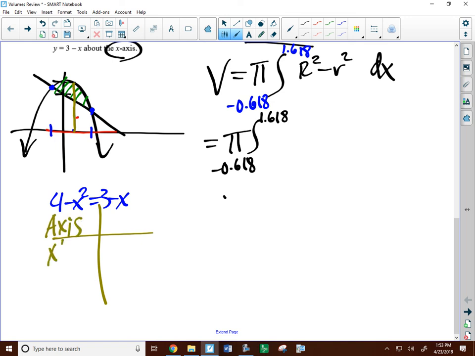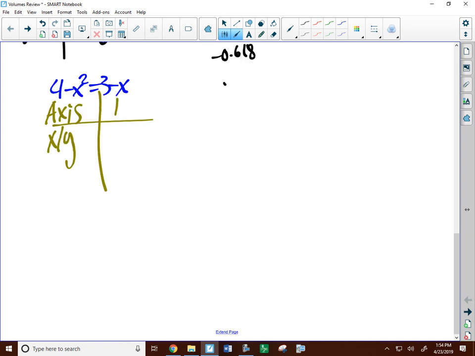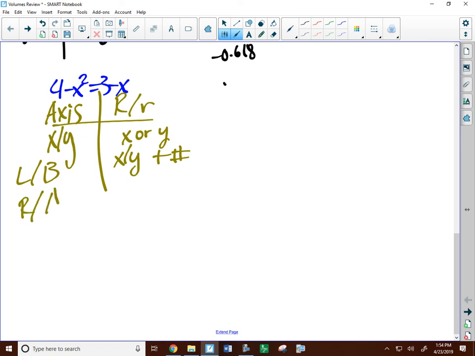If you're revolving around the following axis, x or y, your R or little r value will just be x or y. If you're on the left of your region or below the region, it's going to be like this: x or y, one of those, plus a number. Or you can start with the number first, number plus x or y. If you're on the right of the region or above, it's going to be kind of reversed: number minus x or y. That's the little chart I'll be referencing here.